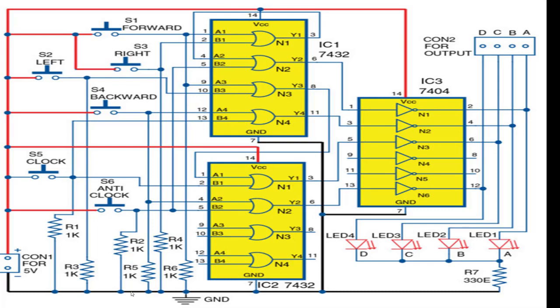The logic for each move like forward, backward, left, right, clockwise and anti-clockwise rotations is based on the truth table using a 6x4 encoder circuit. A 6x4 encoder means we give 6 inputs and we get 4 outputs. It is made by using 3 ICs, IC1, IC2, IC3, which are 7432 and 7404.